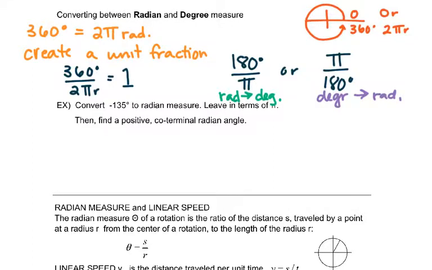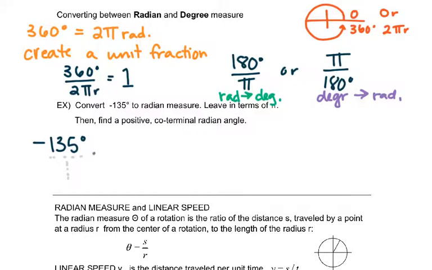So, for example, if we want to convert negative 135 degrees to a radian measure, I'd say, well, I have negative 135 degrees. Now we can always turn something into a fraction, so technically that's over a little invisible 1. If I want to convert this to radian measure, that means I want to cancel those units. So I need degrees over degrees, which means I'm going to choose this second one.